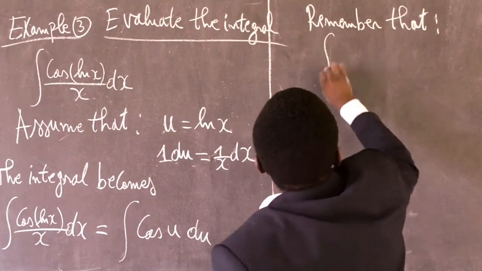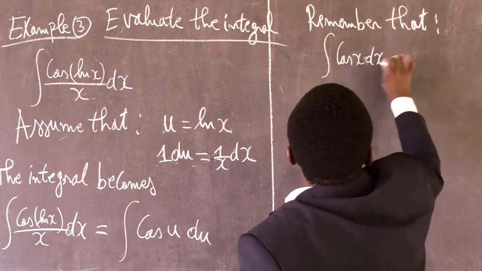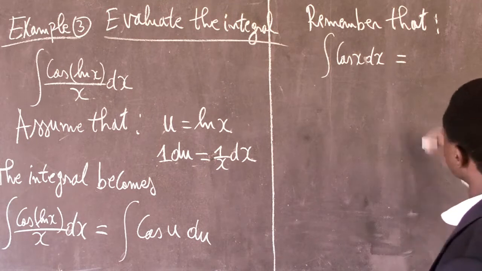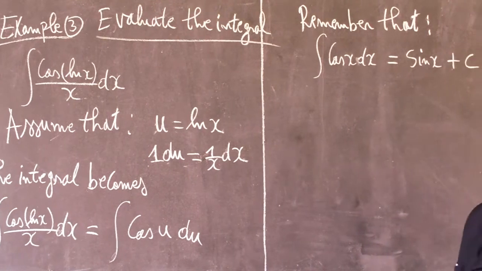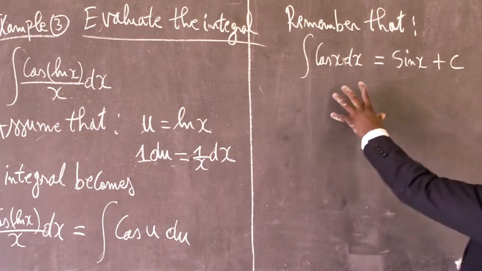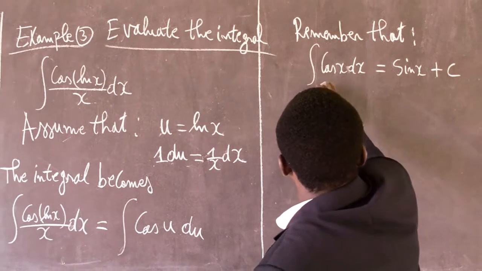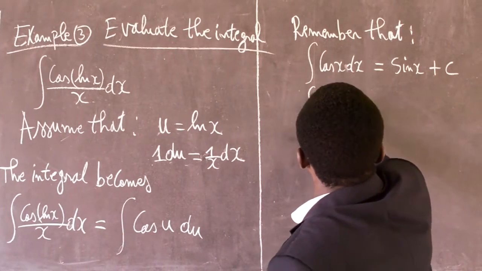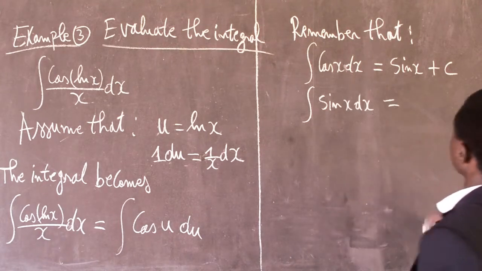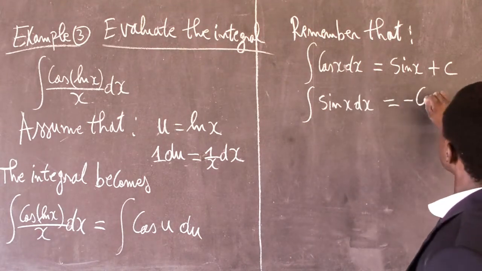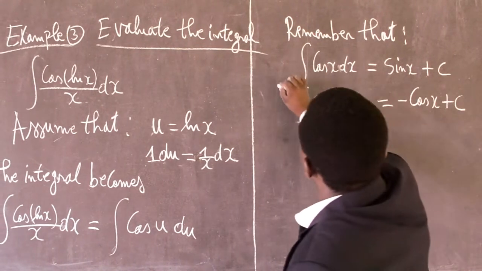that the integration of cosine x dx is equal to sine x plus c. That is the formula we need to recognize. Then the following is the integration of sine x dx. This is equal to minus cosine x plus c.